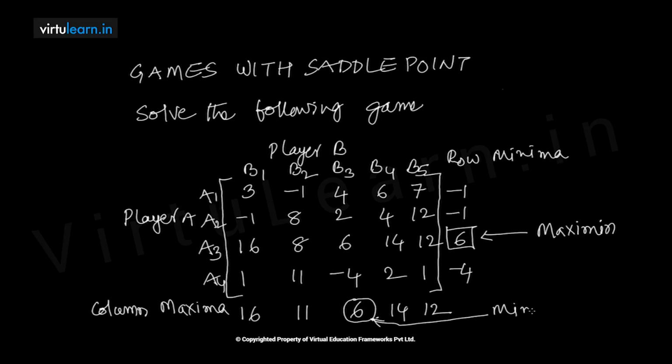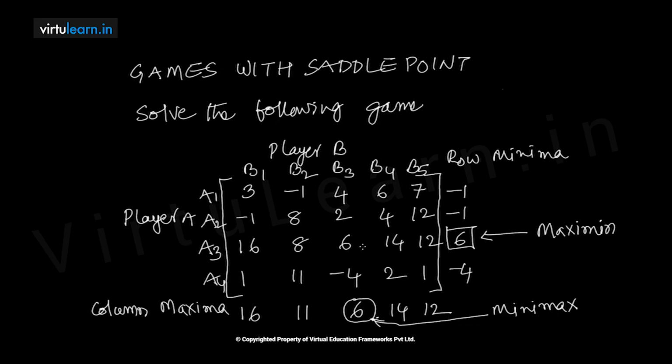Now if we observe column maxima and row minima, both of them meet at point 6, because the same 6 is the maximin and the same 6 is the minimax. Both of them meet at the same point, the intersection of those rows and columns, which we call the saddle point, and that will be marked with a circle inside the box.